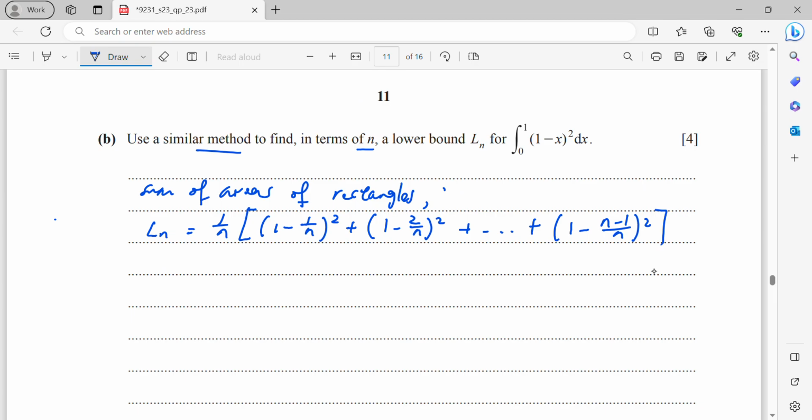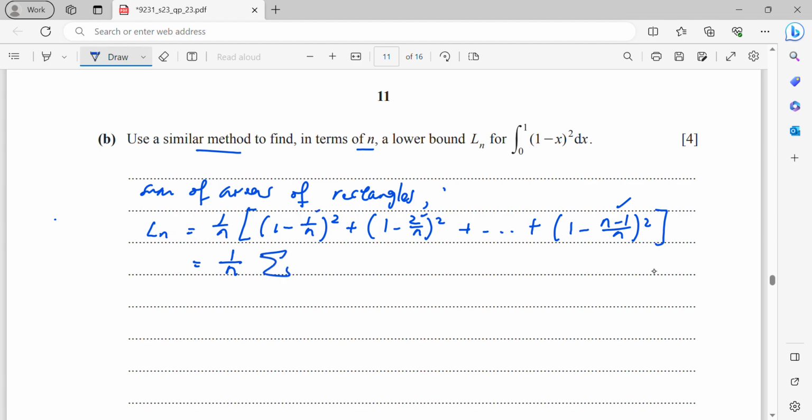Therefore, this is going to be 1 over n. Now when you look at the terms here, there is a common term 1 minus r over n, because r will be starting from 1 until n minus 1. Look at here, they are in the same pattern.